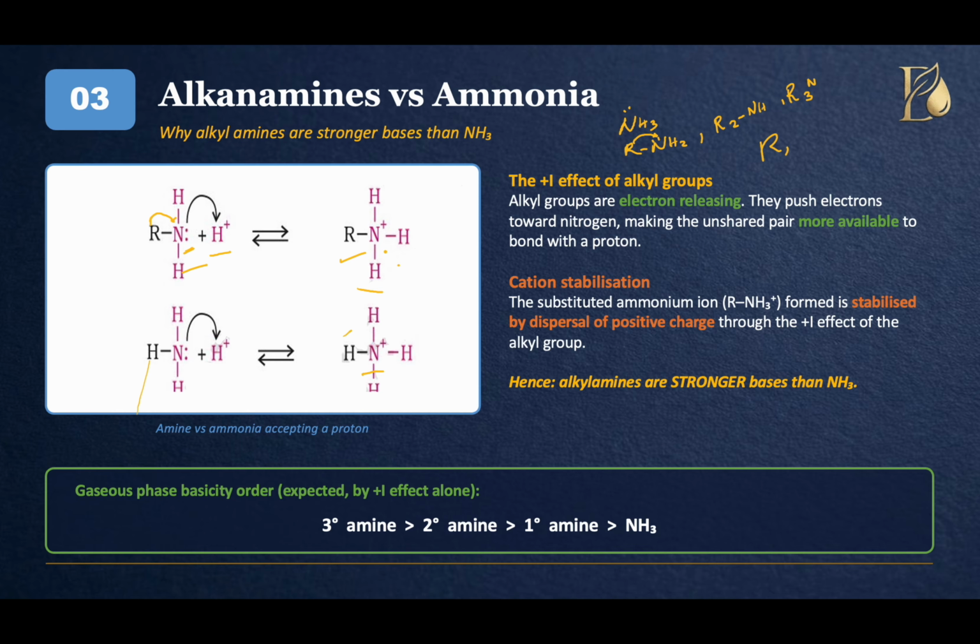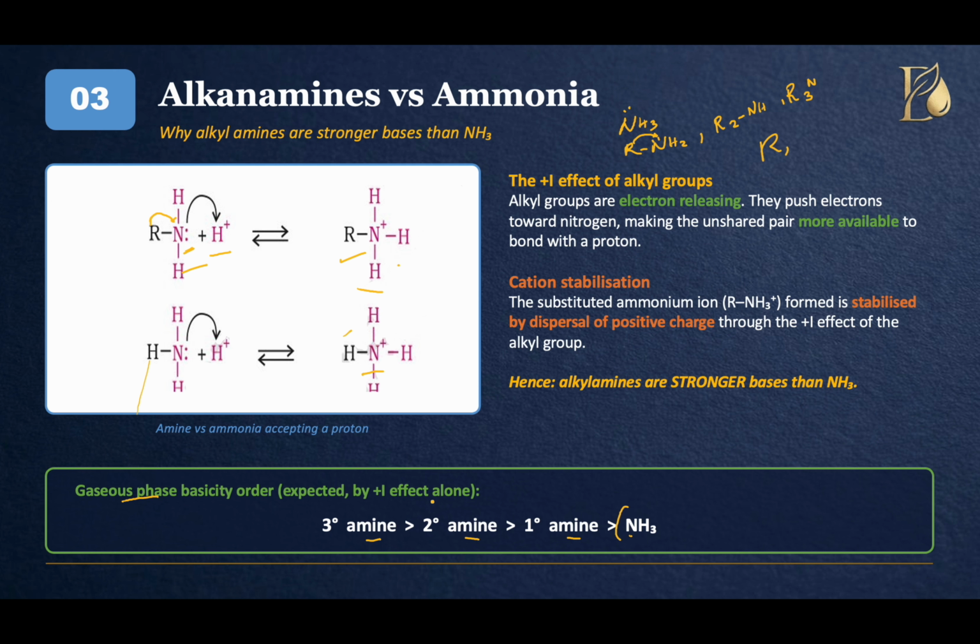Now if we consider only the plus I effect in the gaseous phase, then the order of basicity is tertiary amines, then secondary amines, then primary amines, then ammonia. Amines always have higher basicity than ammonia.